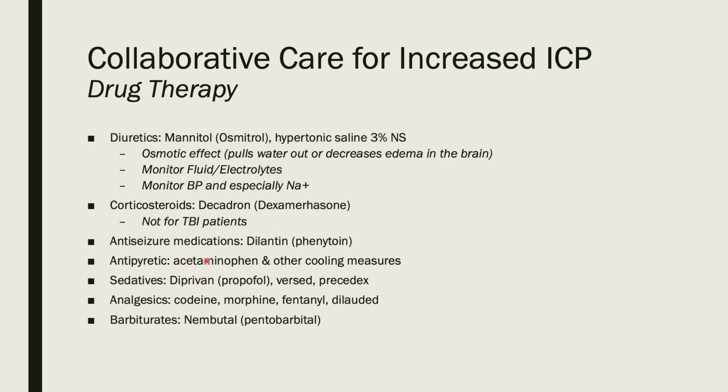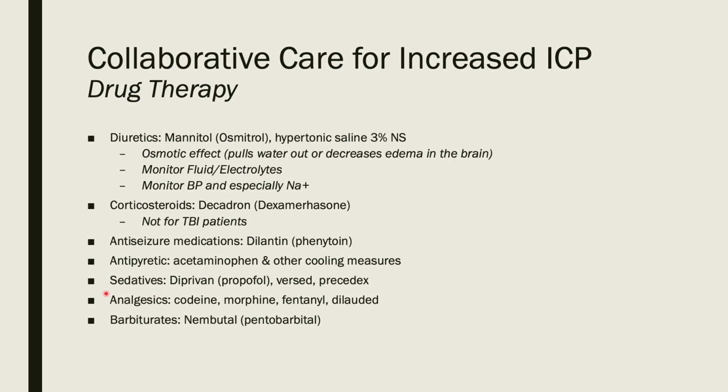We can give anti-seizure medications like Dilantin, antipyretics, acetaminophen, and implement other cooling measures. Some sedatives we would give them, like propofol, Versed, or Precedex. We want to be careful with their respiratory rate when we do give that to them.